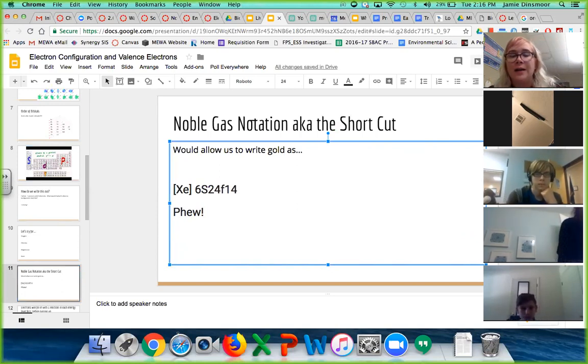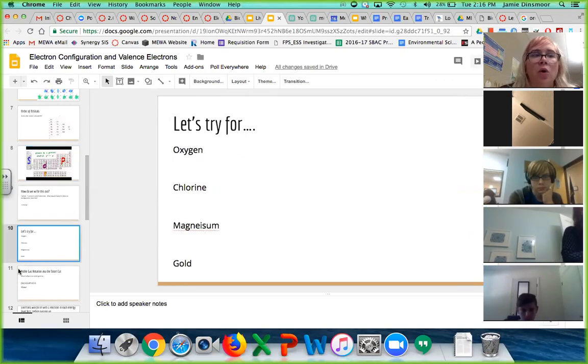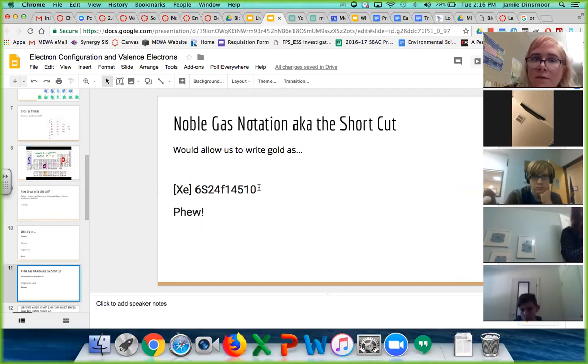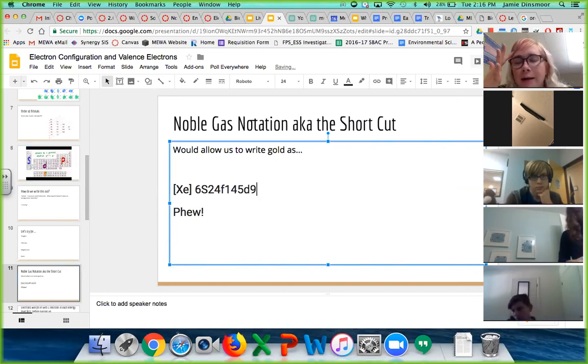Then we would have 6s2, 4f14, and then 5d10, or maybe not 10. Let's see. 5d9 would be our final thing for gold. 5d9. It's so hard to type instead of write this. I'm so used to writing.